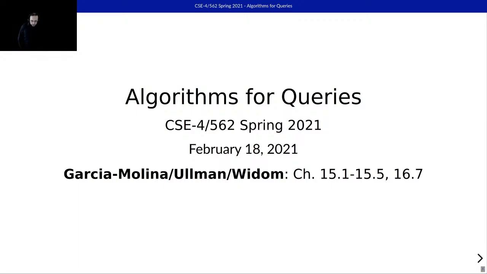Last class, we started talking about how relational algebra is implemented in Spark. And we started talking a little bit about how we can implement algorithms that implement specific parts of a relational algebra plan. Today, we're going to go into that in a little more depth, though I'm going to describe things a little bit more abstractly from Spark.